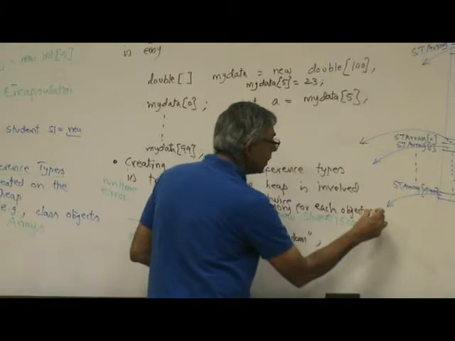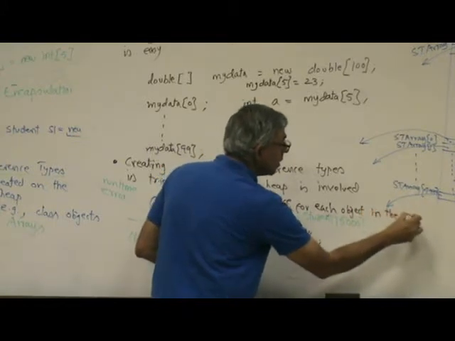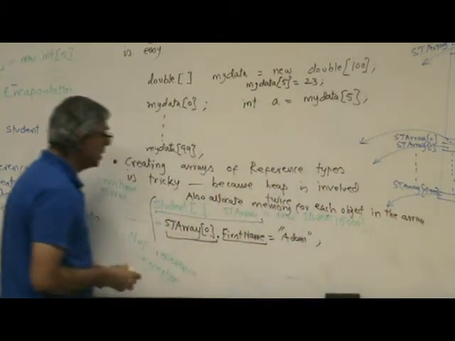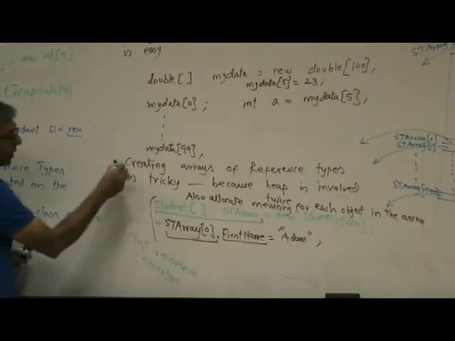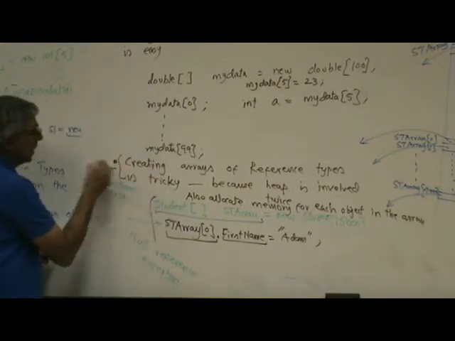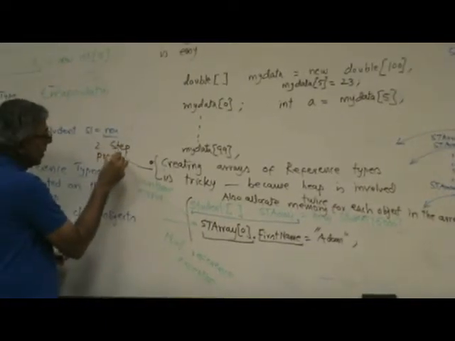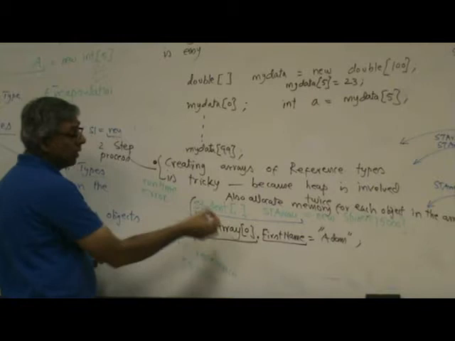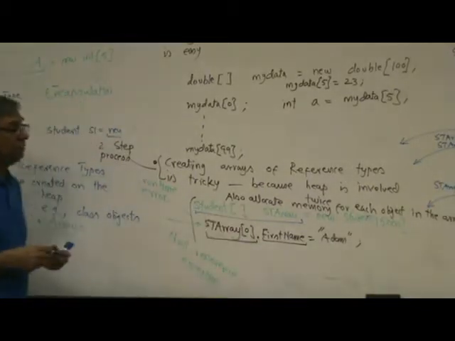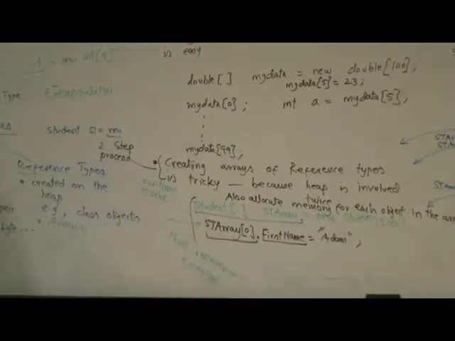Anyway, it turns out that creating an array of reference types is really a 2-step process. It's not just one line of code. First, you have to create an array of reference types. Then you have to allocate memory for each object in the array.